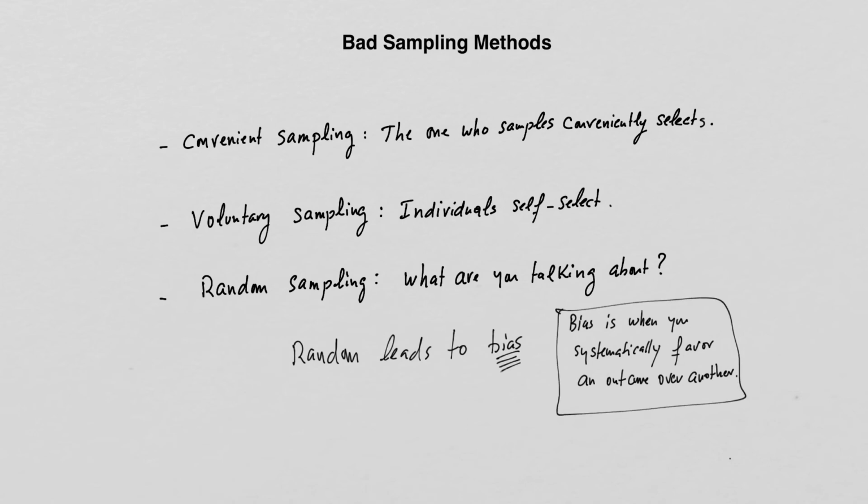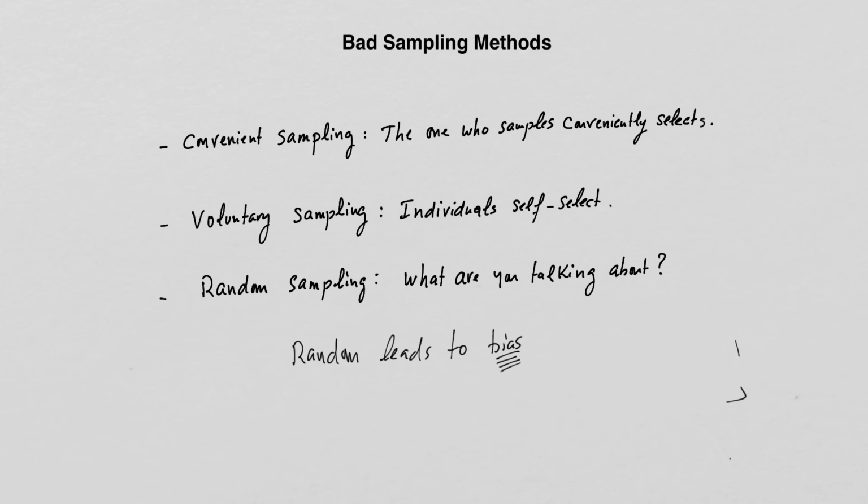So let's say we have kids with similar papers and I systematically, almost every time, give student A 9 out of 10 and I give student B 8 out of 10 and they are similar papers, right? I do it all the time. So when you systematically favor an outcome over another, that is called bias. And I believe when you sample randomly, you are being biased. So be careful with this method of sampling.